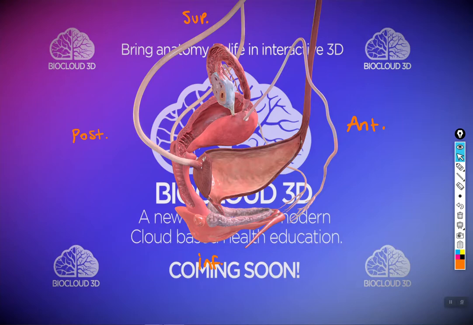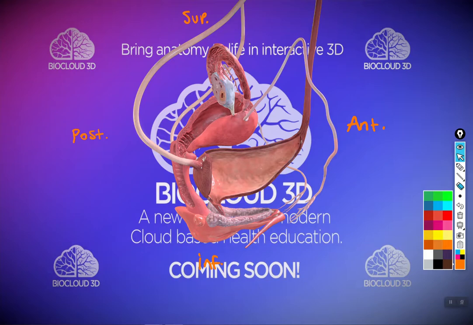Okay, so now that we've established some direction, I'm going to use a different color, and I'm just going to point out some of the organs. We're not going to do an in-depth dive yet. Because we have the directions in front of us, it's nice to be able to add the organs in so that you have a good working knowledge of where stuff is relative to other stuff.